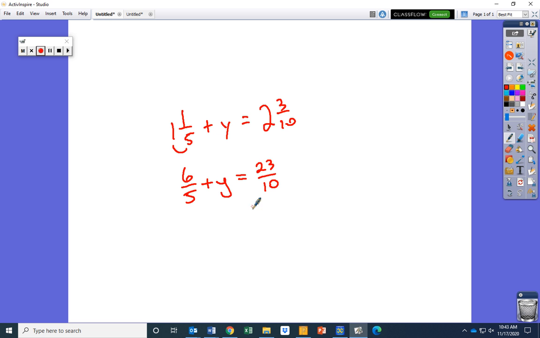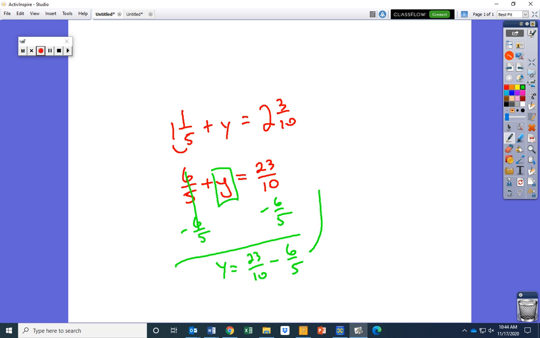Okay, now I'm in a spot where I can start moving things. So what's going to go in that box? Okay, what's outside that box? A positive 6/5, right? So how do I get rid of positive 6/5? I subtract 6/5 from each side. Okay, that's gone. So now I have y equals 23 over 10 minus 6/5.